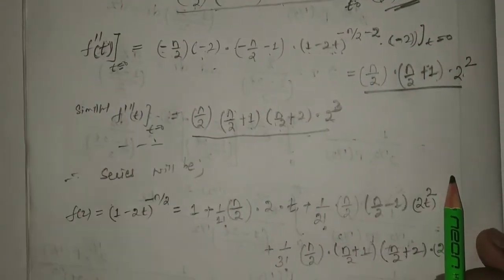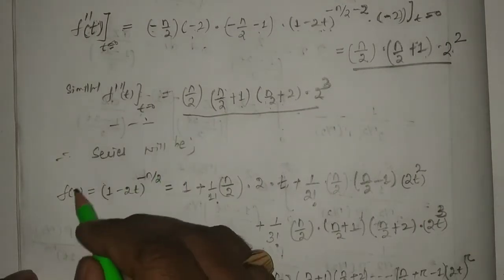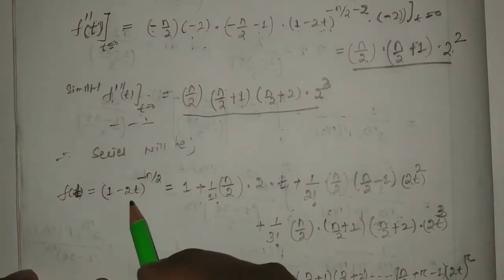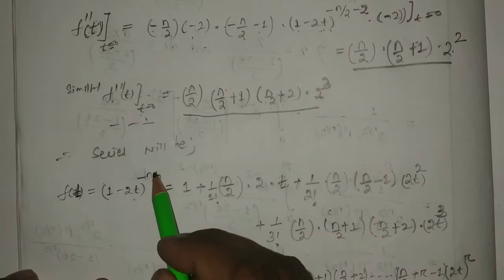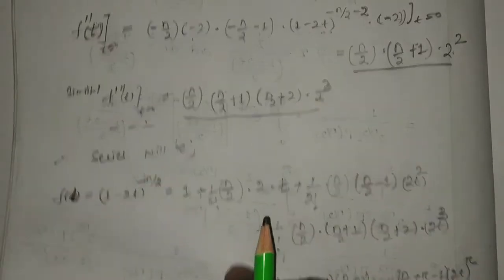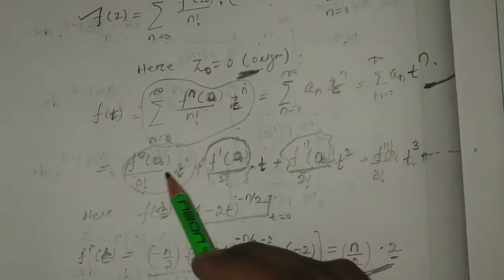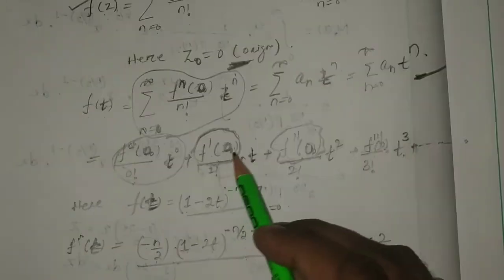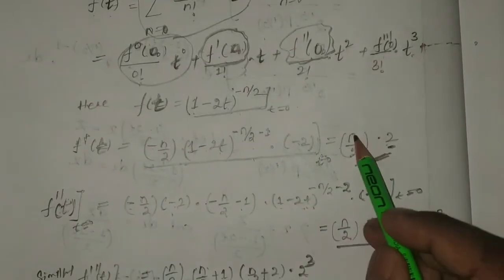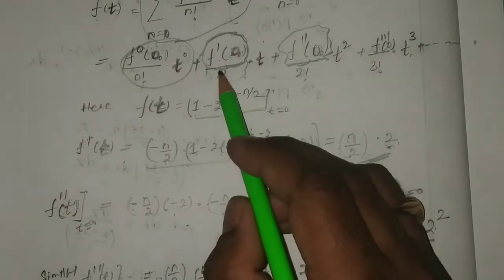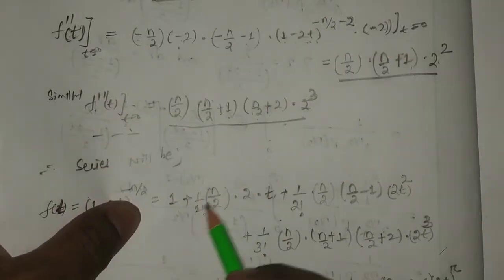So here ft function was 1 minus 2t to the power n by 2 will be equal to how much? This term is nothing but 1. Then this one f dash 0 we found n by 2 into 2, and 1 factorial is there. So 1 by 1 factorial n by 2 into 2, and t is there.